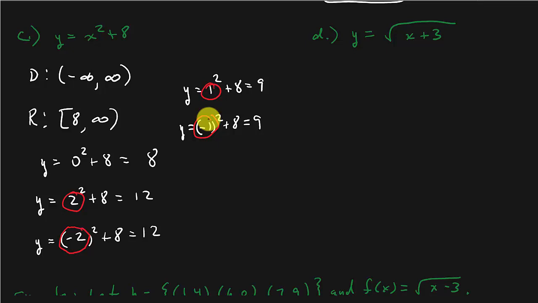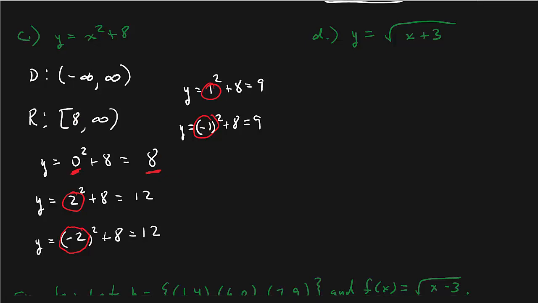So any number you take, squared, and add 8 to is going to be at least 8. When I plug the x value of 0 in there, that gives me 8. This is the smallest y value I can possibly get. And so that's why our range is 8 to infinity.